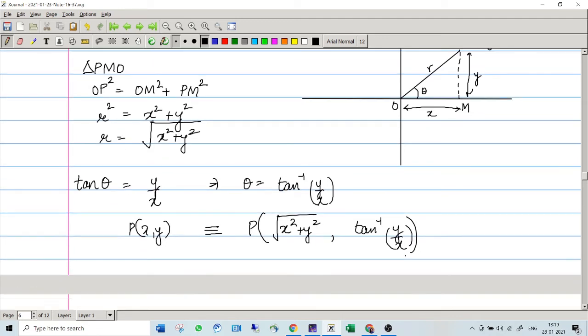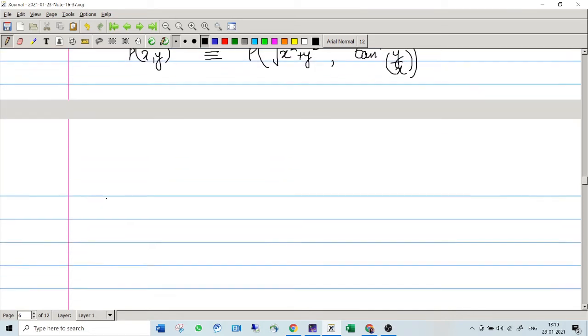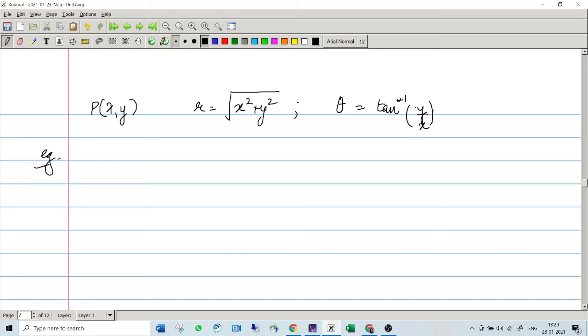So let us consider an example for this. If given in terms of x and y, r will be the root of x square plus y square, and theta will be tan inverse of y by x. Right. So let us consider an example here.